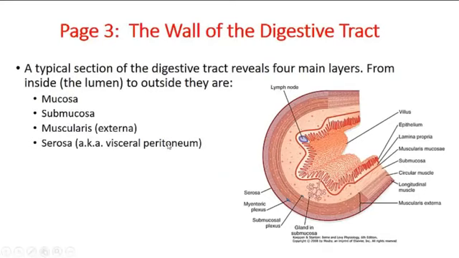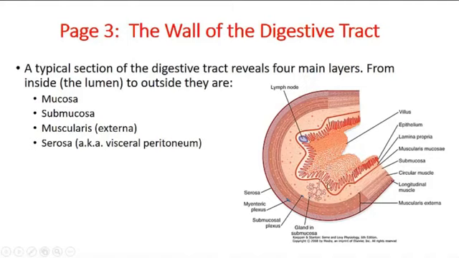Now let's look at the wall of the digestive tract. A normal section of the digestive tract reveals four main layers. If you look here inside, one of these layers is mucosa, a layer inside.